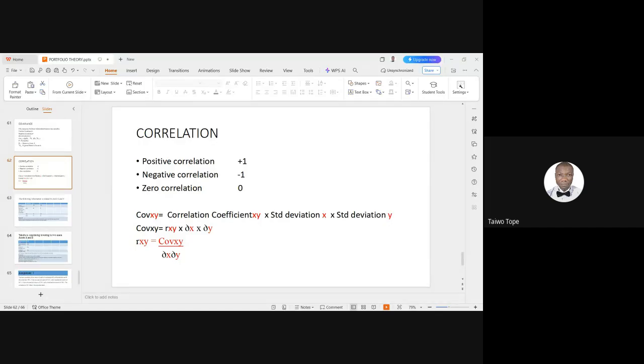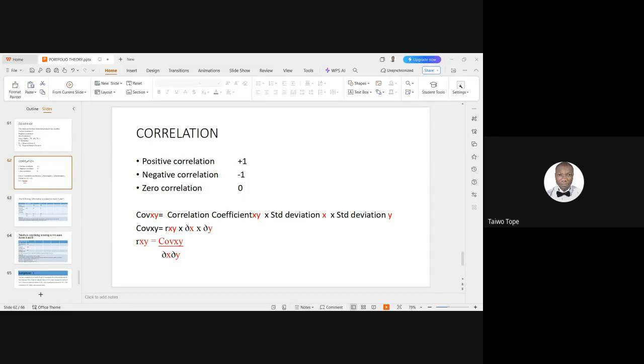So now this covariance of X and Y, in your book, can you flip back to your book?